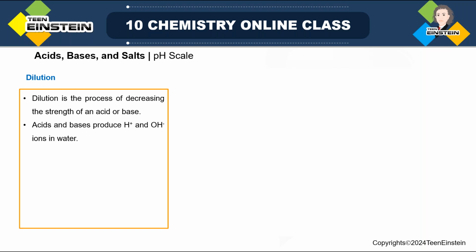Dilution means you are decreasing the strength of an acid or base. Suppose there is 1 ml of HCl and you add 9 ml of water, and the total volume is now 10 ml. You have done some dilution of the original acid. So dilution is the process of decreasing the strength of an acid or base.